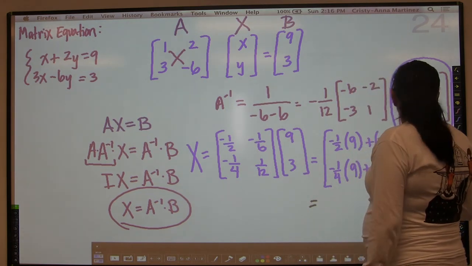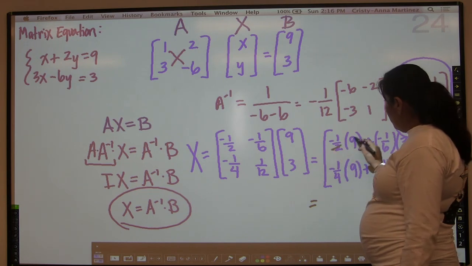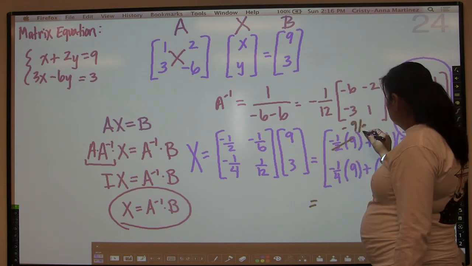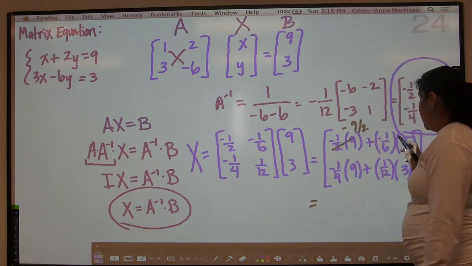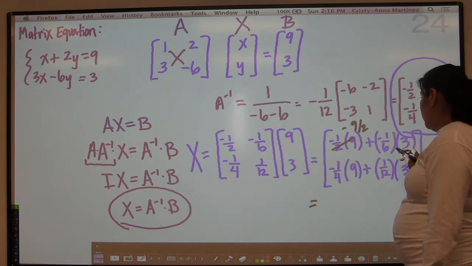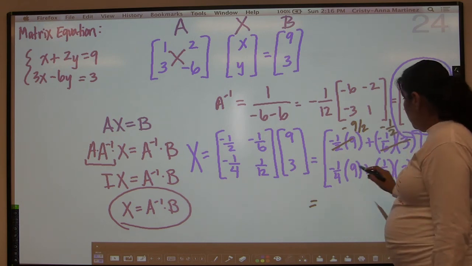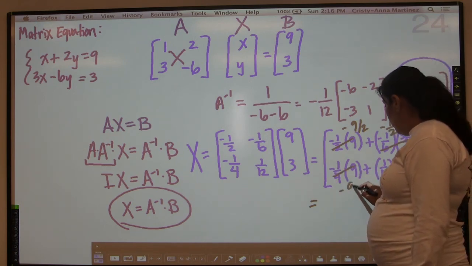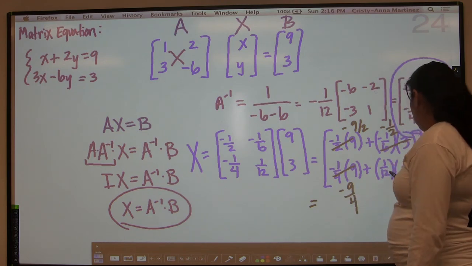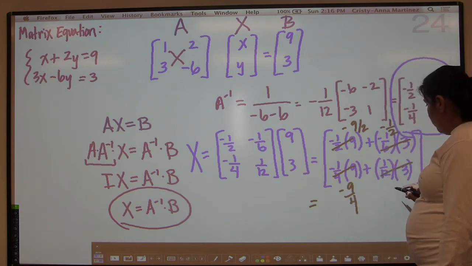Okay, so 9 times negative 1/2 is negative 9/2. And 3 times negative 1/6 is going to be negative 1/2. And then here we're going to get negative 9/4. And here we're going to get 3/12, which is 1/4.